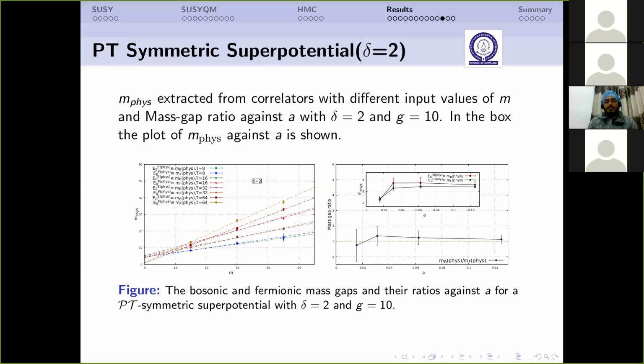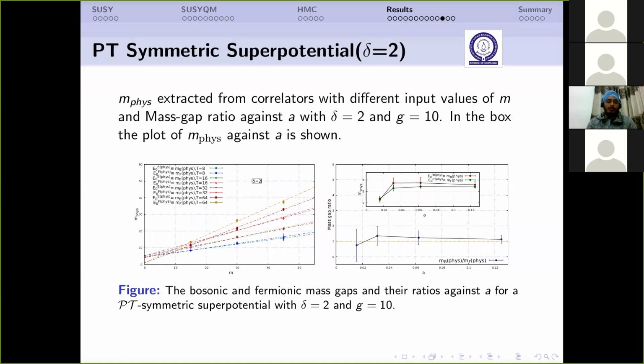Say we have 64 lattice spacings; in that case the error bar increases a lot. Maybe next time, for finding the mass gap from the correlator, instead of the exponential decay, we'll try other methods which are there in the literature.